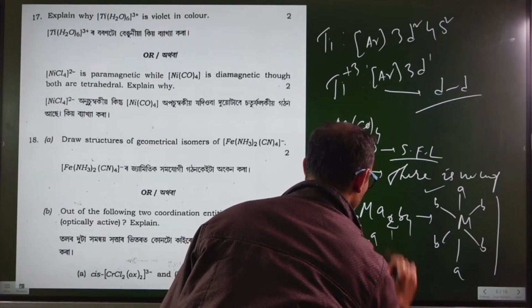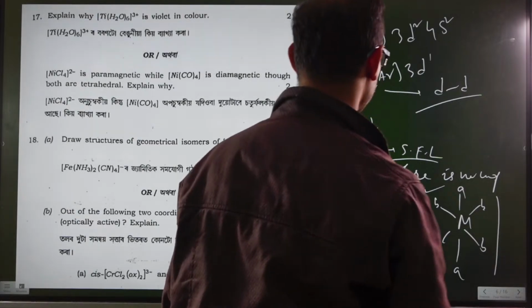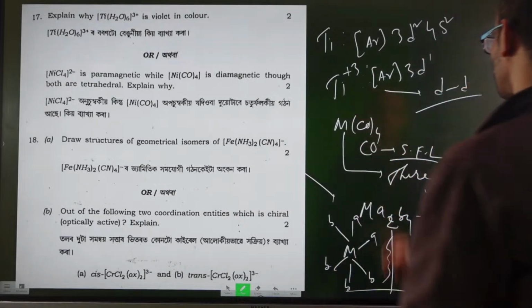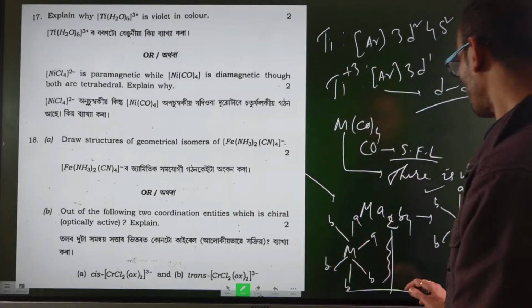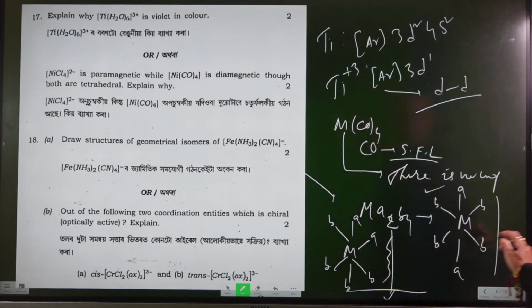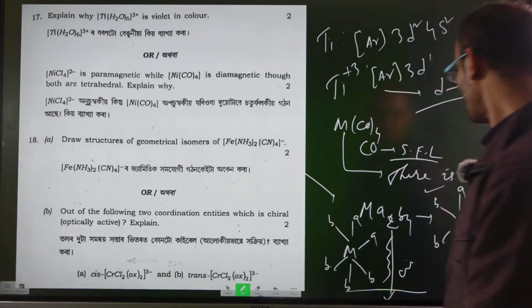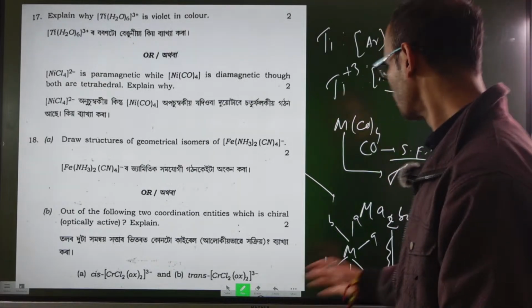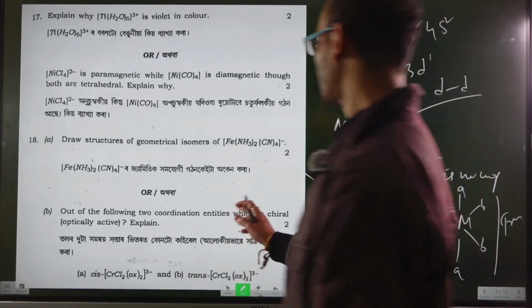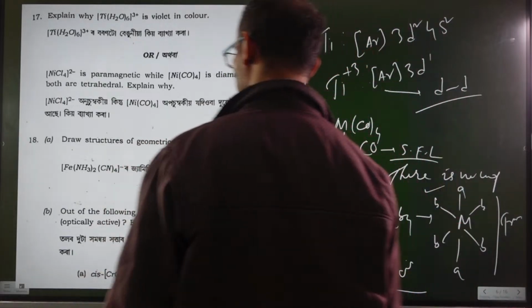So this will show actually what? Mirror image. So you can see 3 isomers. There is one mirror image here, and one is trans, and this is cis. Cis will show optical isomerism, meaning mirror image. So you can write the 3 isomers.